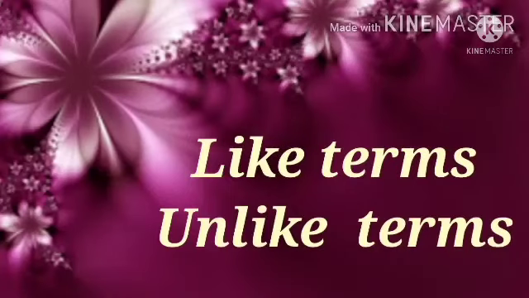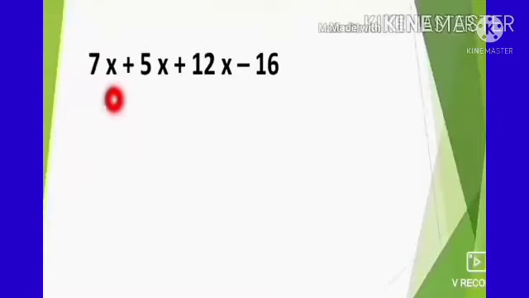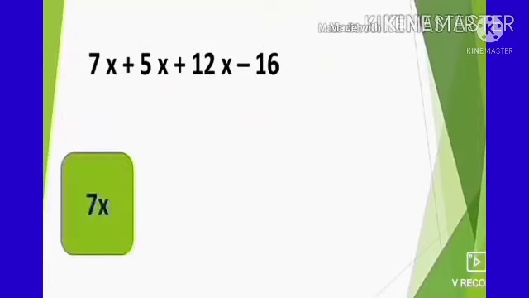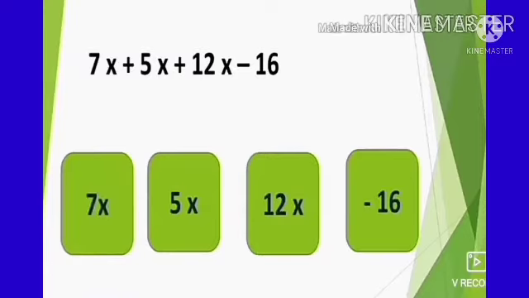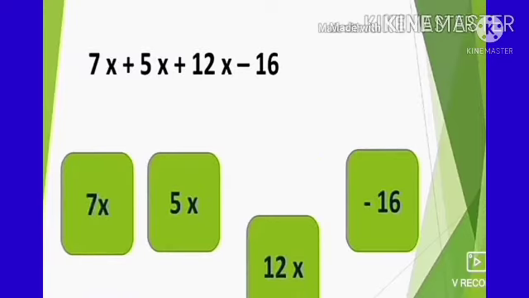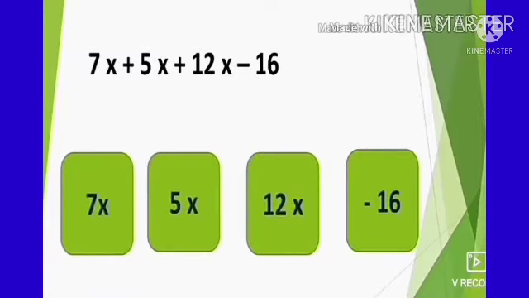Like terms and unlike terms. For example, the expression 7x plus 5x plus 12x minus 16 has four terms. They are 7x, 5x, 12x and minus 16. But the first three terms 7x, 5x and 12x have the same variable factor x.